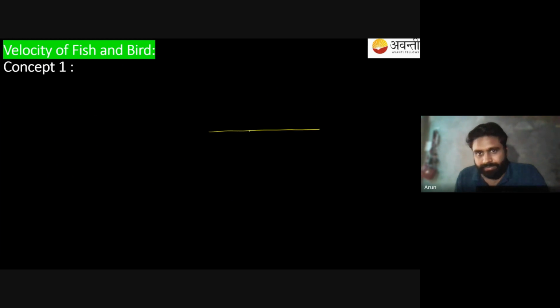Okay, now based on this concept we have another concept here, velocity of fish and bird. Suppose this is the interface of water, this is water. Here there is a beautiful fish, I'll try to make it as a fish. And this is a bird flying over here.